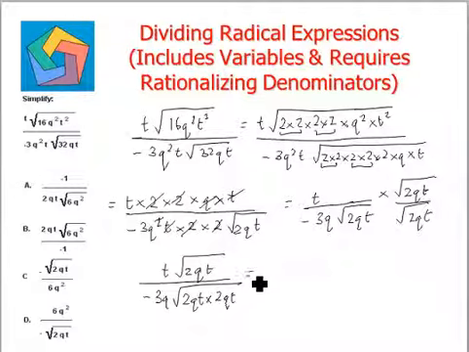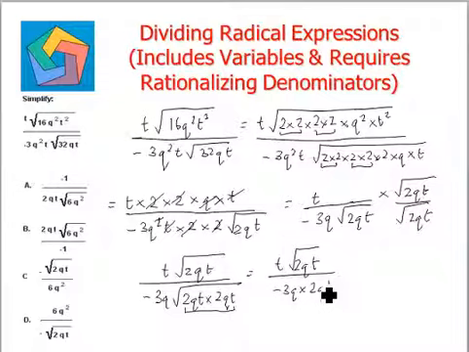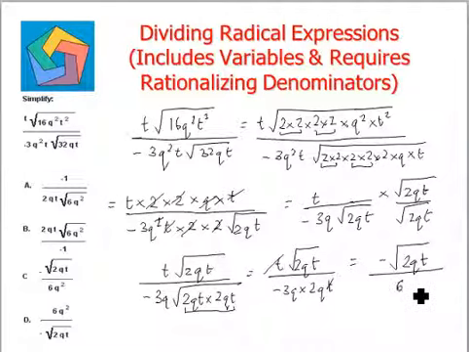This is equals to t square root of 2qt divided by negative 3q times 2qt, because these two combine to come out as a single 2qt. So the t cancels with the t and we are left with negative square root of 2qt divided by 6q squared. This is the final answer and can be seen in option C.